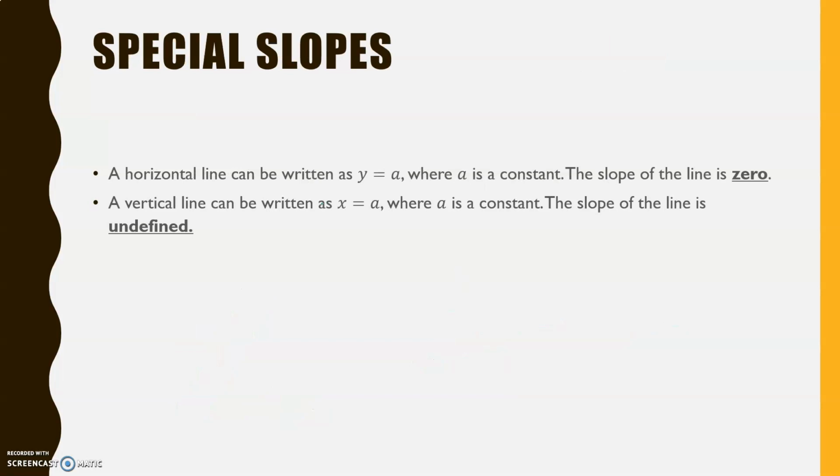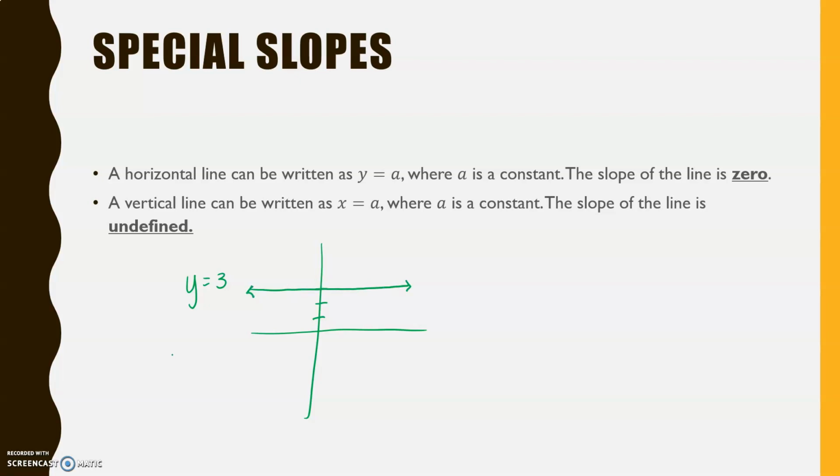So, some special slopes to think about. A horizontal line can be written as y equals a, where a is a constant. If I had the equation y equals 3, I would go 1, 2, 3 on my graph, and it's going to be a horizontal line going through this point. It has a slope of 0 because I'm not rising any.